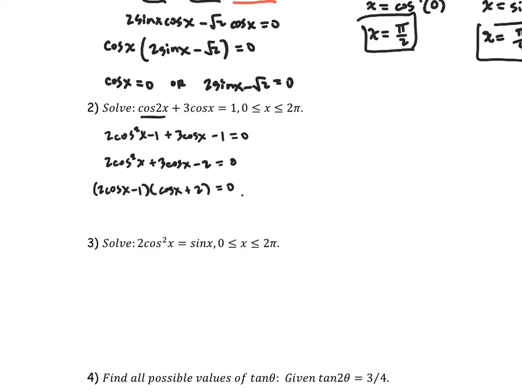So zero product property would leave me with 2 cosine x minus 1 equals 0, or cosine x plus 2 equal to 0. All right, which yields a value of x equal inverse cosine of 1/2 and x equal to the inverse cosine of -2.